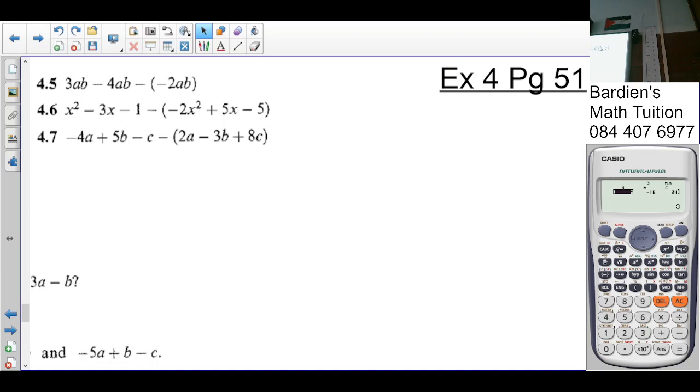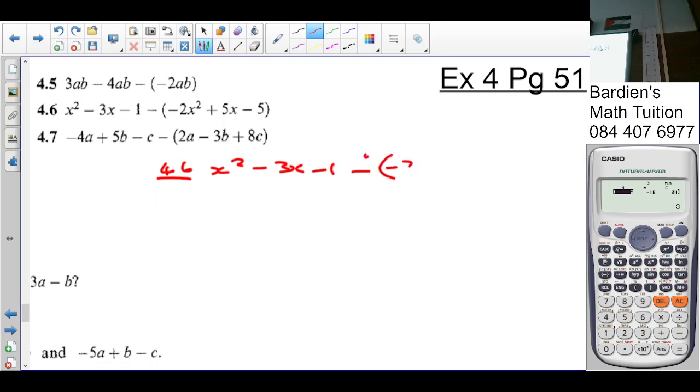Question 4.6, you got x squared minus 3x minus 1 minus negative 2x squared plus 5x minus 5. So, to get rid of the bracket, I must multiply the negative in. There's no number in front, so what number belongs there? 1.